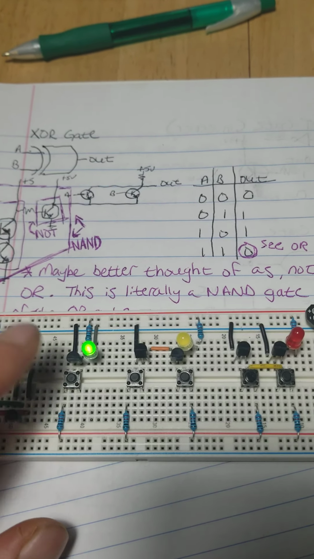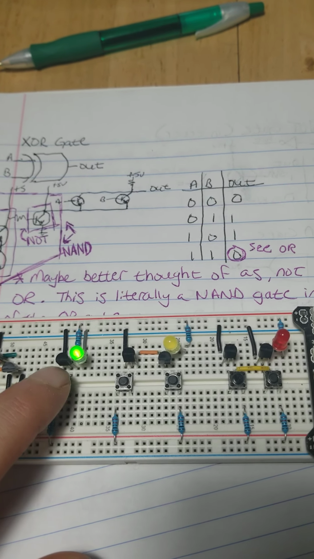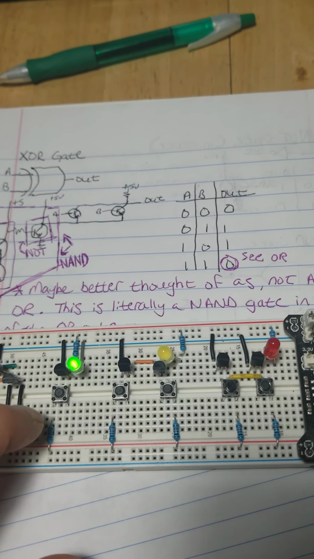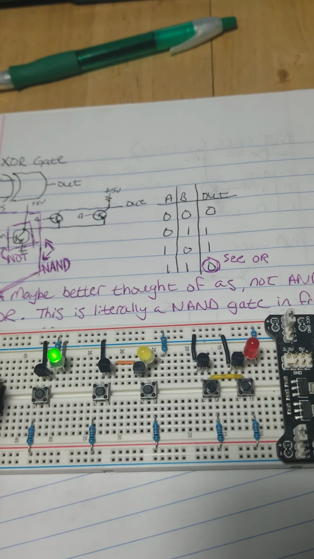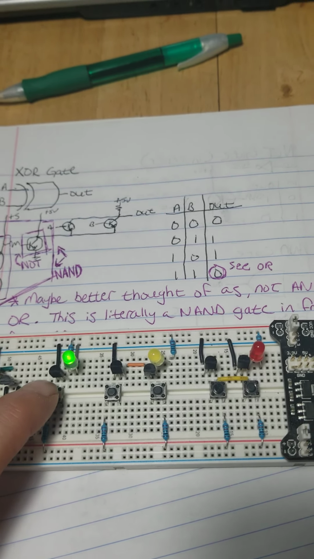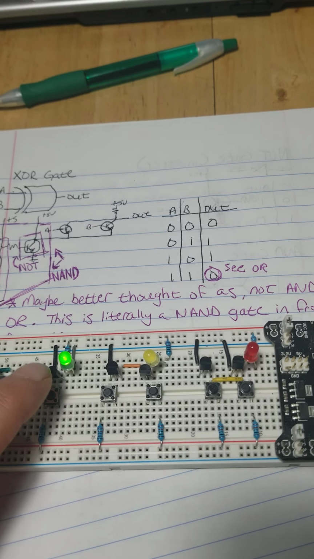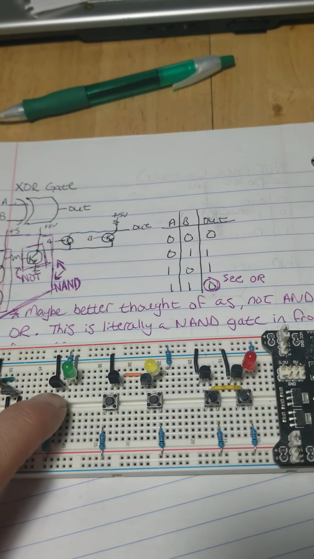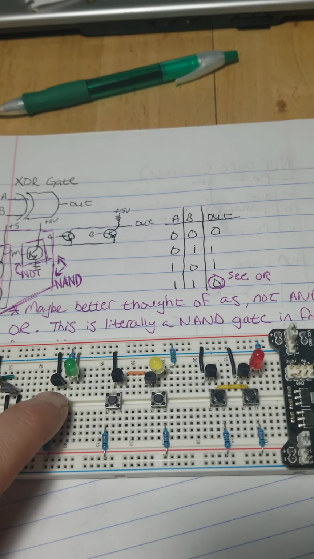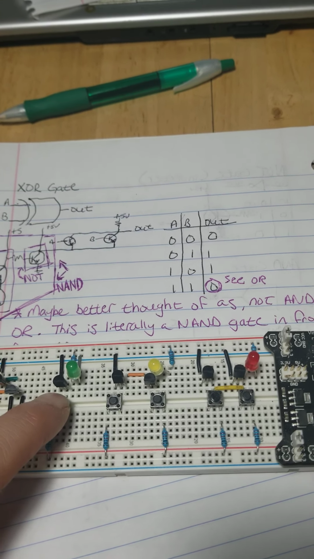So I'm not giving any power to the transistor, so we're feeding it a 0 and we're getting out a 1, meaning the LED's lit up. If I click on this, I will be feeding power to the transistor, feeding it a 1, and we get a 0 as output. So that's how that works.